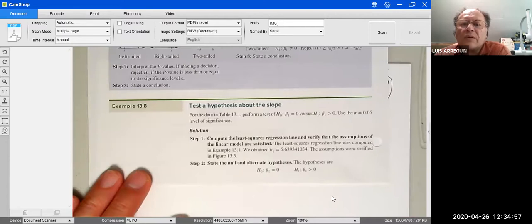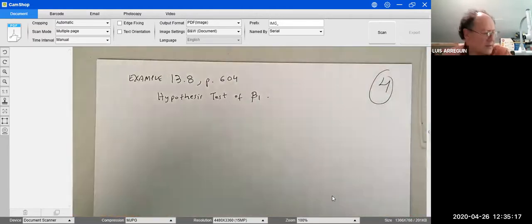We have the null, which is just beta 1 equals 0, versus the alternative where we are expecting beta 1 to be greater than 0, and we're going to use the alpha level of significance equal 0.05. So that's the problem.